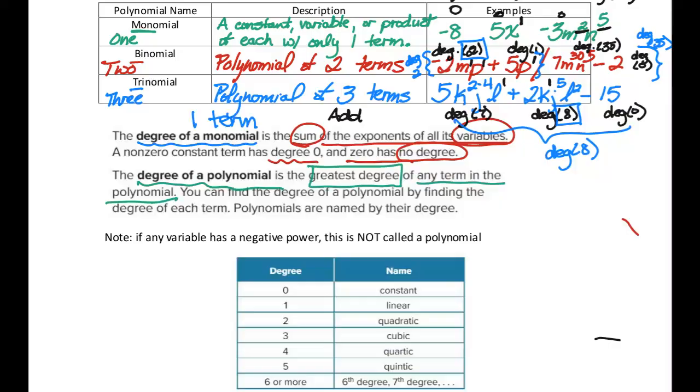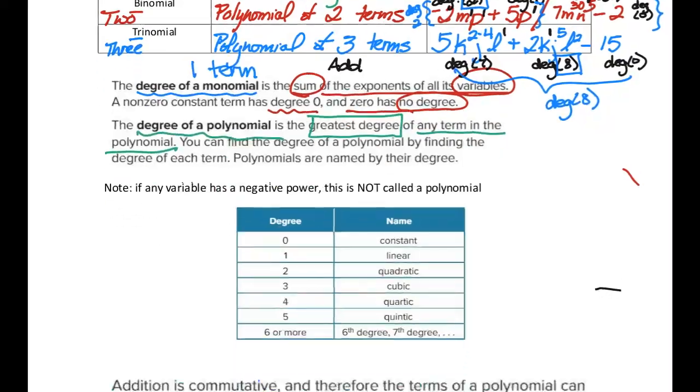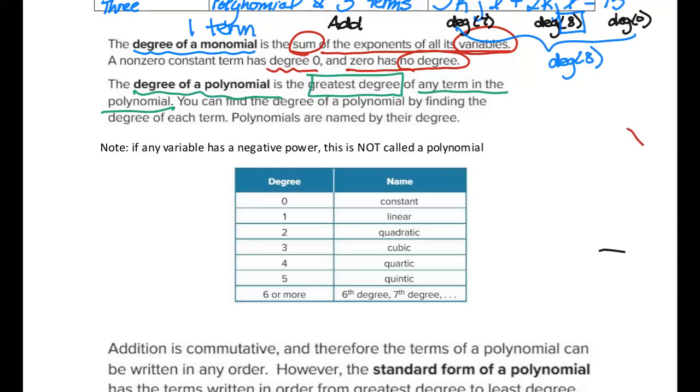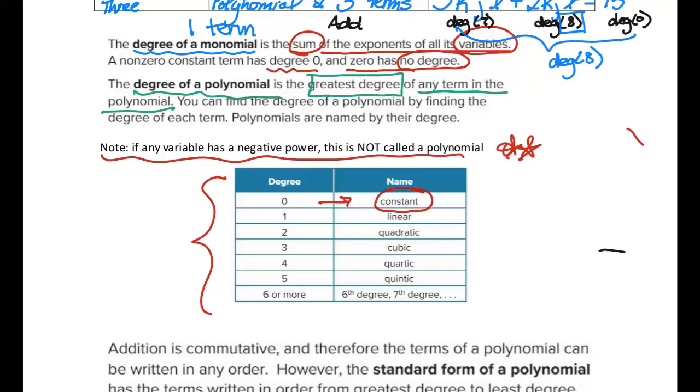Okay, so polynomials are named by their degrees, and certain polynomials have certain names. I'm going to come back to this in a minute. I'm going to write a big star over here. If you have a degree of 0, you're talking about a coefficient or a constant. So the name there is a special name, which is constant.